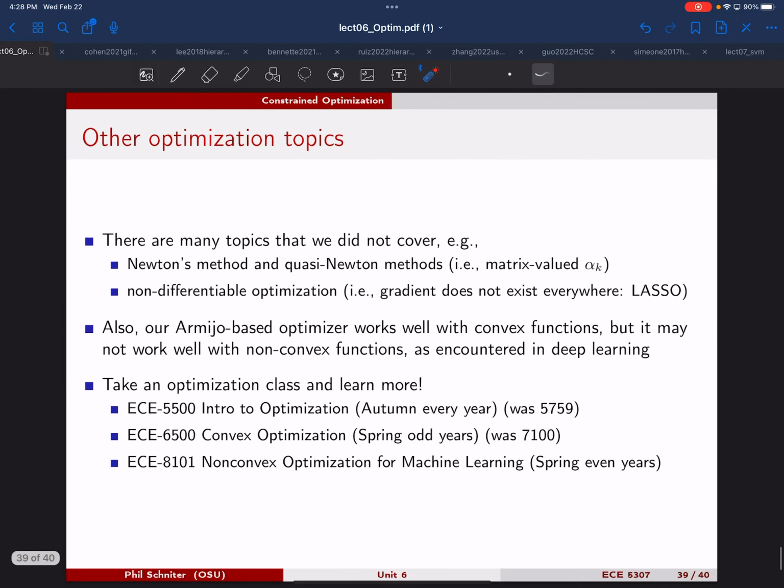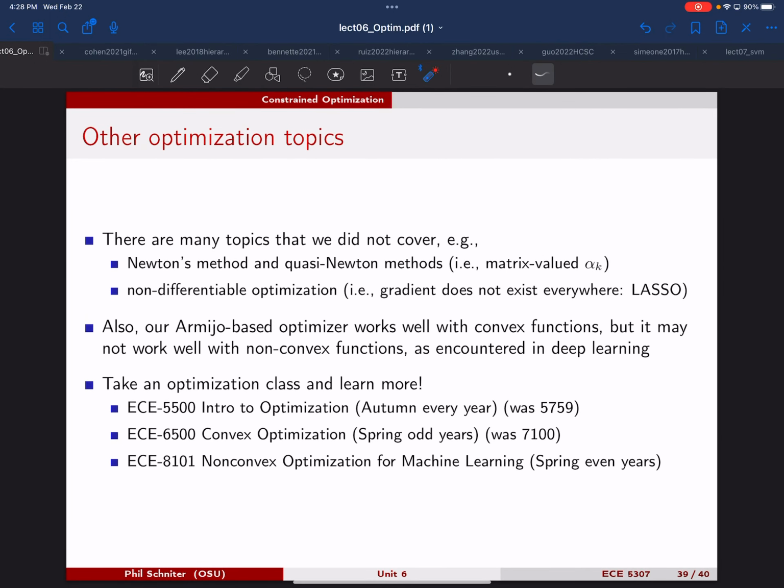Okay. So there's definitely a lot of other things we did not talk about. One well-known class of methods takes gradient descent a step further. You can think about it as using a matrix-valued step size instead of a scalar step size. Using a Hessian matrix in addition to a gradient, that would be Newton's method, and there are some faster versions called quasi-Newton methods.